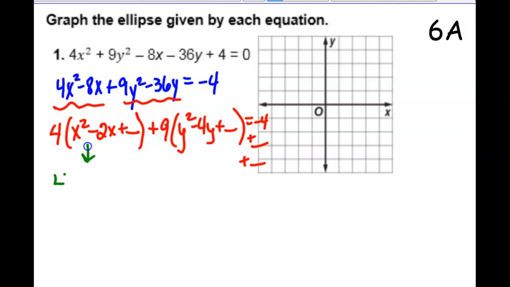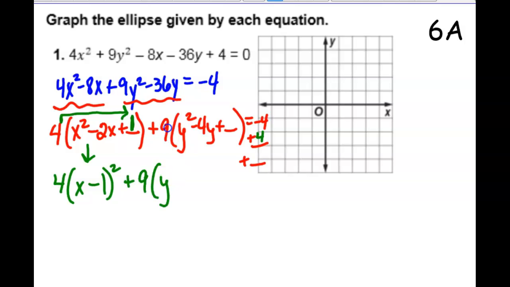Complete the square here. Anybody? X minus 1, quantity squared, puts a 1 in this blank, but a 4 on the other side over here. And then we have 9 out in front, and y minus half of that is 2 squared becomes a 4, and 9 times 4 is 36.